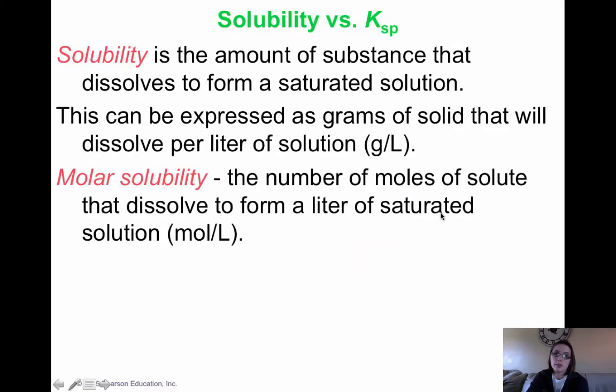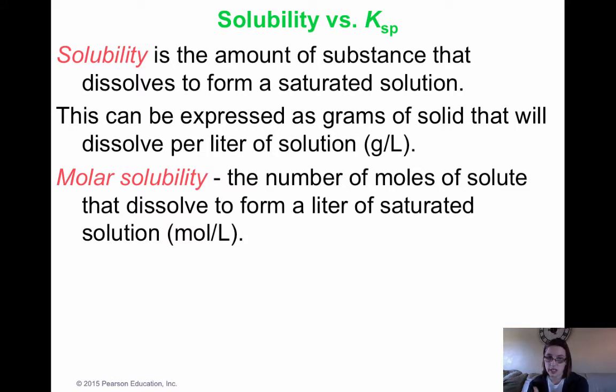When we look at solubility versus Ksp, solubility is the amount of substance that dissolves to form a saturated solution. It's the maximum amount that you can dissolve. This is usually expressed as grams of solid that will dissolve per liter of solution, so solubility is typically given as grams per liter. However, we are going to be working with molar solubility.